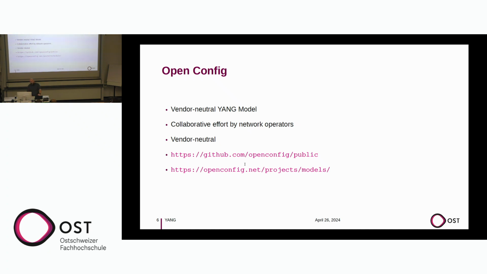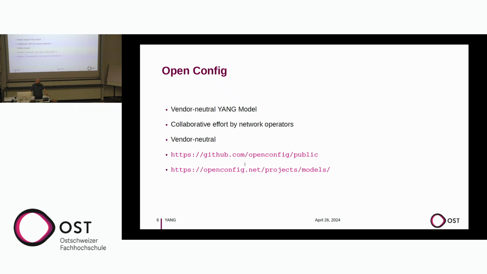Then there is this group, OpenConfig, who has the goal to develop vendor-neutral Yang models. So the idea would be, we have one Yang model, for example, OSPF, and if I want to configure OSPF, all the vendors should support this model. I can just send the data, and I will get the data in the exact same way, and work with it. That is the ideal world.